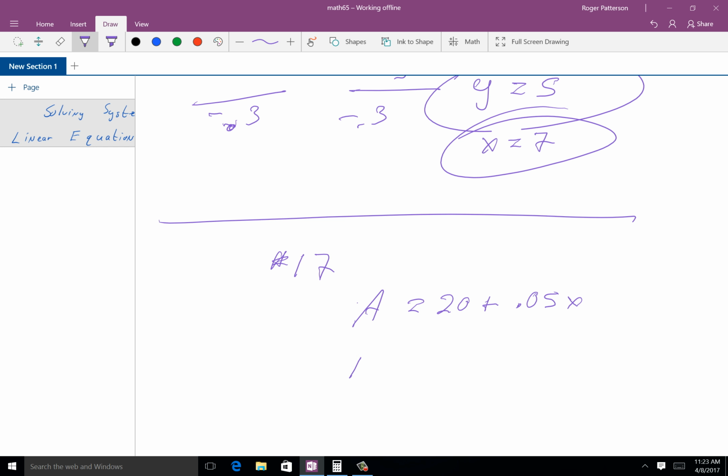Okay, so that's A. What about B? $5, and that doesn't change, right? It's always 5. With 10 cents per minute. Okay, 0.1x and 0.05x.